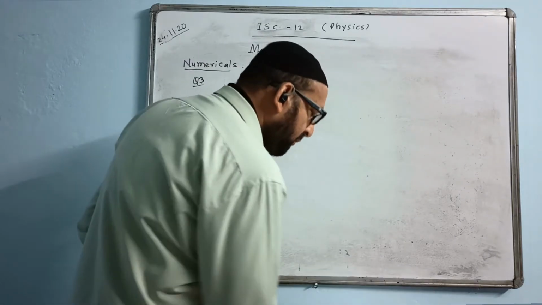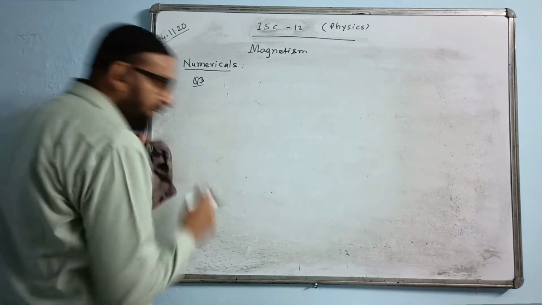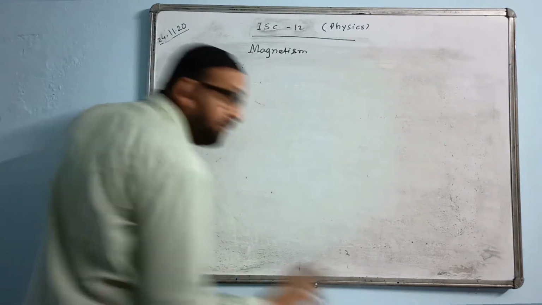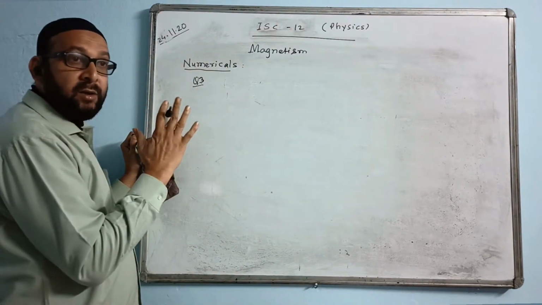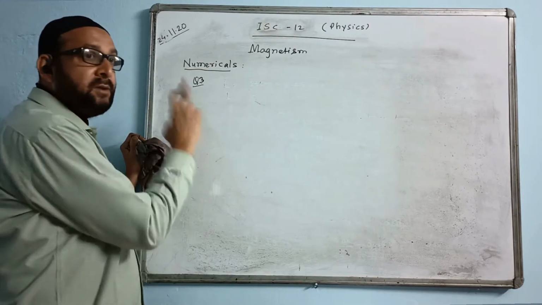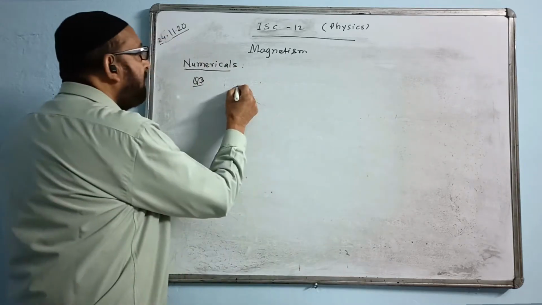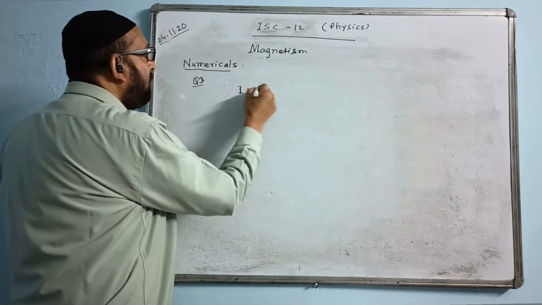So that is the question. This time let us write down the information given. Only a wire is there, not the coil moving around. Only one straight wire is there. A wire carrying a current of 2 ampere. Write information: I value 2 ampere.